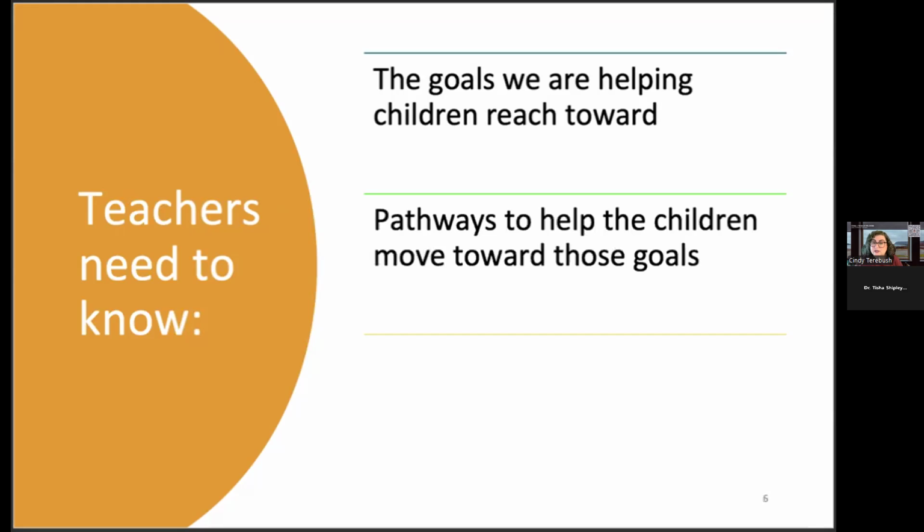Teachers also need to know the pathways to help the children move toward those goals. And that's really our job as early education teachers, to figure out what pathway each individual child needs in order to move toward the goals. Children come to us with a basic structure.